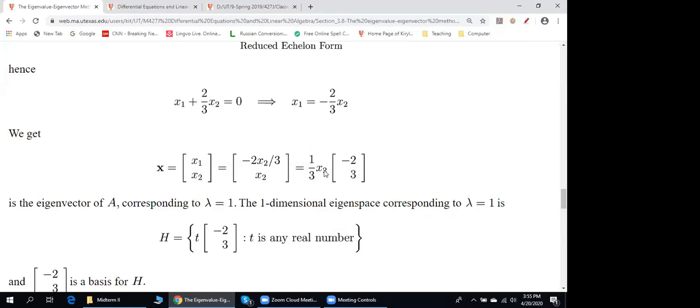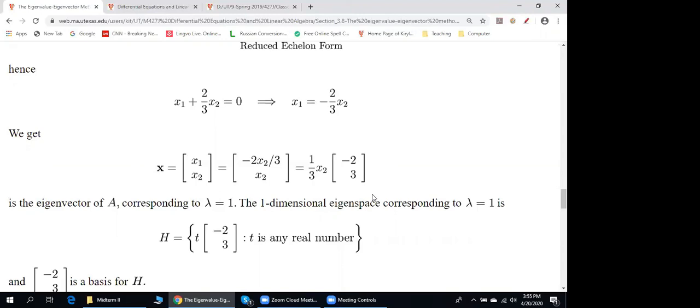So let us compare two expressions: 1/3 x2 times this, and then expression number 2, just x2 times this. Both expressions give us the same set of eigenvectors because x2 is an arbitrary number.